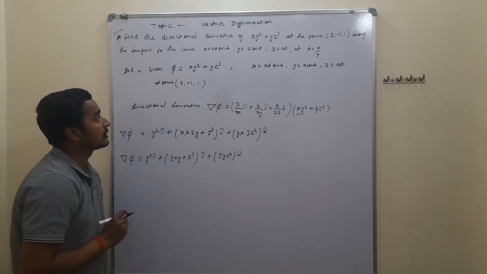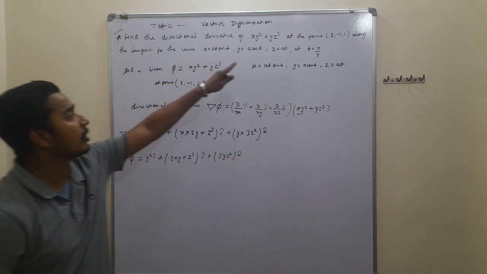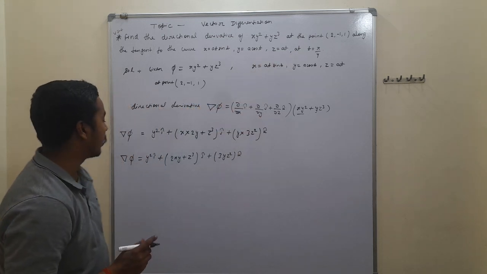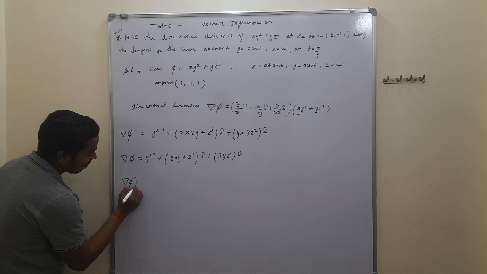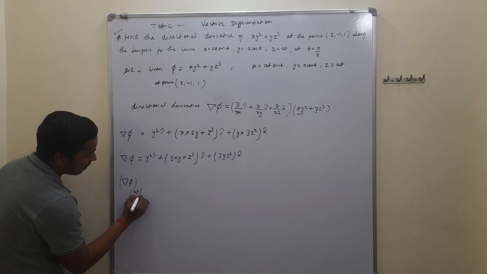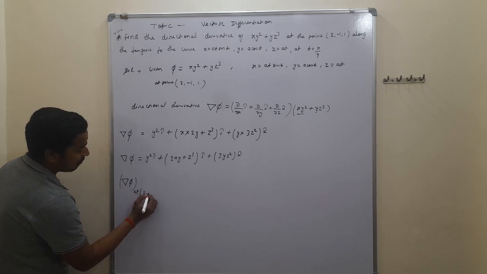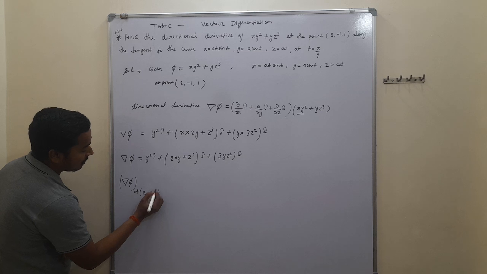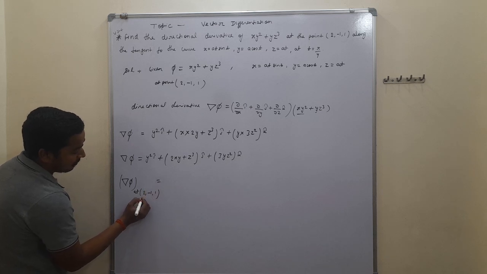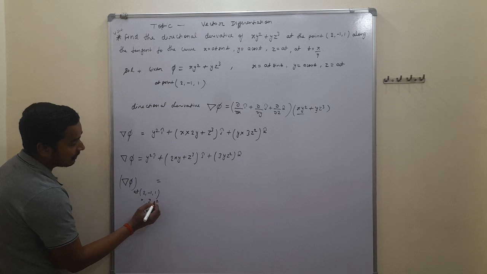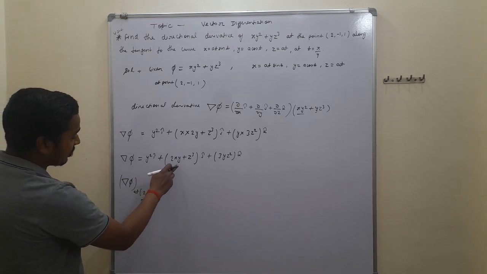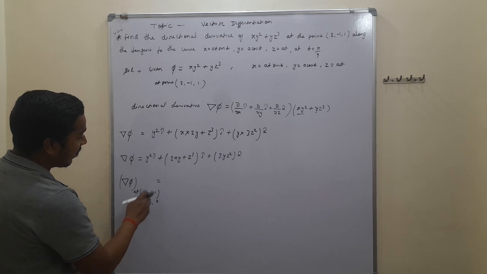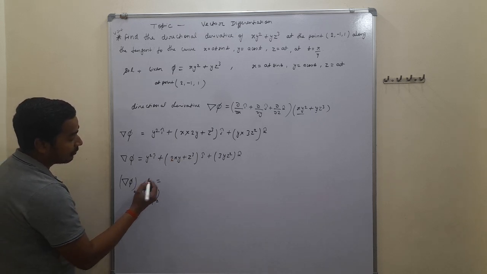We first have to find this at the point (2, -1, 1). Here 2 represents x, -1 is y and 1 is z, so in place of x we put 2, in place of y we put -1, and in place of z we put 1.